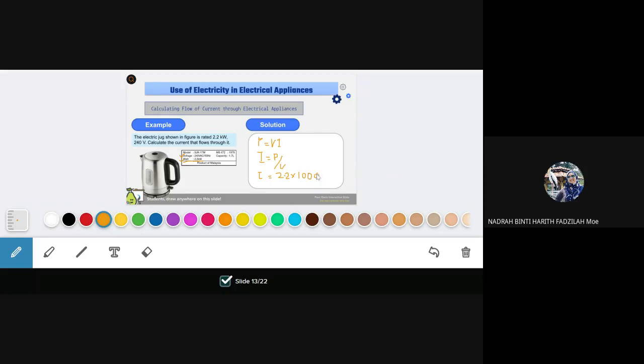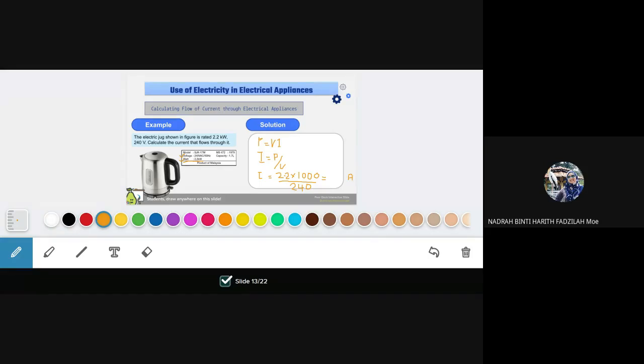So convert the kilowatt into watt and then divide by 240. So barulah kita akan dapat jawapan. The answer is in the unit ampere. Kena tulis ampere ya.